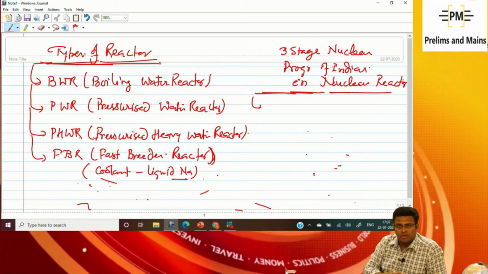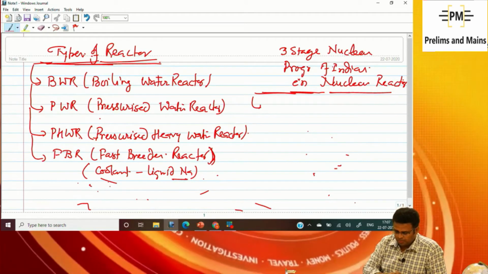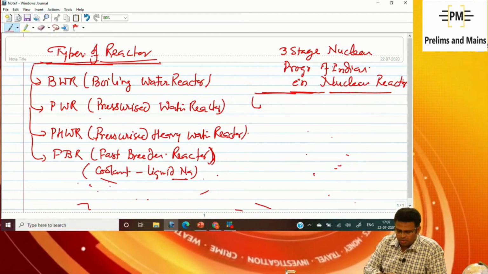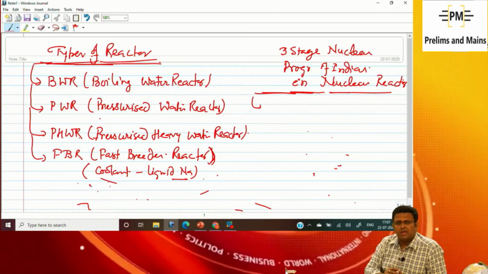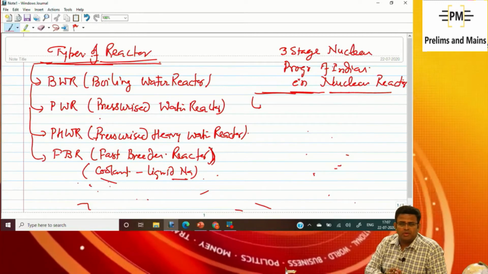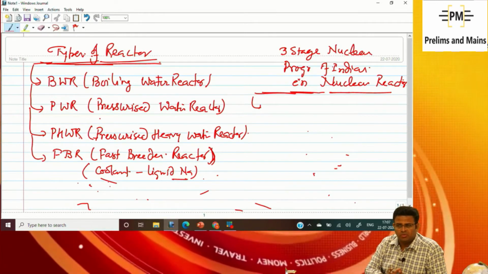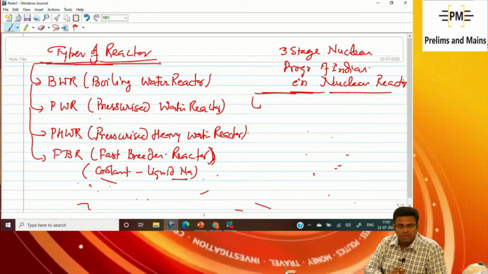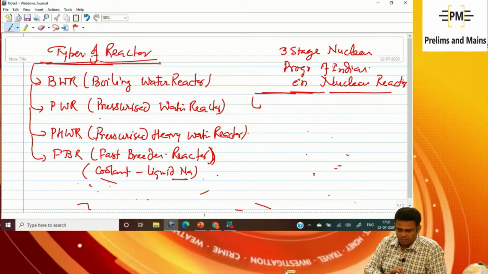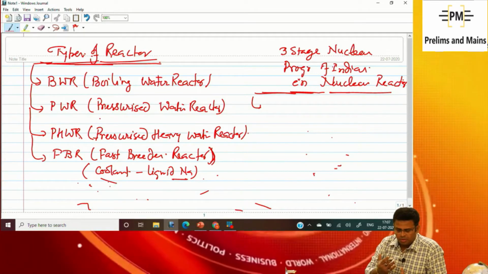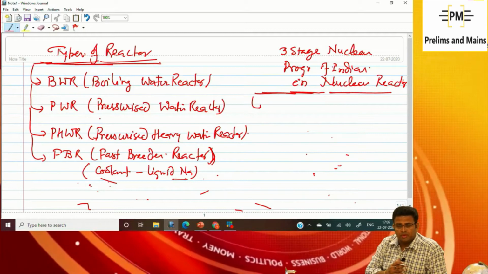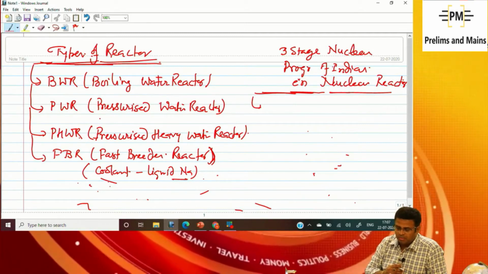There are several types of reactors, so we should not become scientists; we should try to see what they could be, so that it is better for you to answer the questions of the PPSC in the prelims and in the mains.